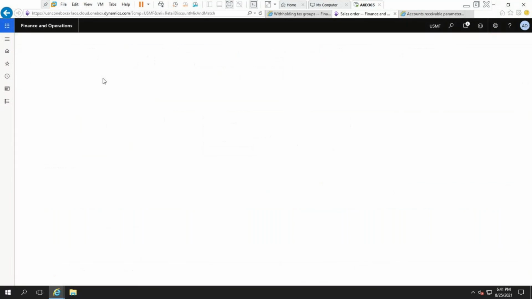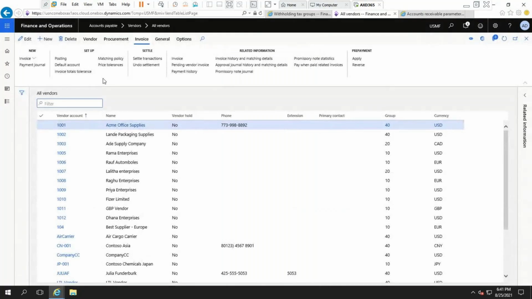If you are taking services from the vendor, then you need to deduct the tax and pay the amount. Practically, let me show in the system how it is, then later I will explain the background about the functionality.